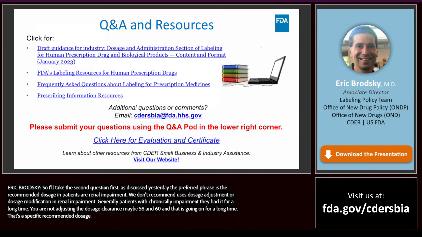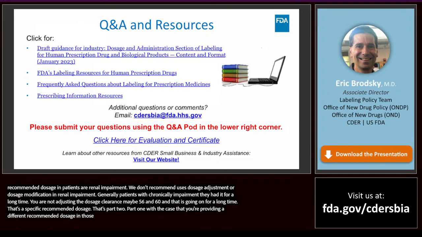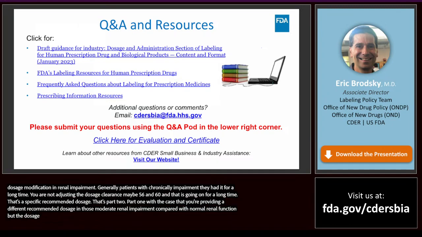Part one is the case where you're providing a different recommended dosage in those with moderate renal impairment compared to those with normal renal function, but the dosage in mild renal impairment is the same as those with normal renal function. There are a couple of options here.